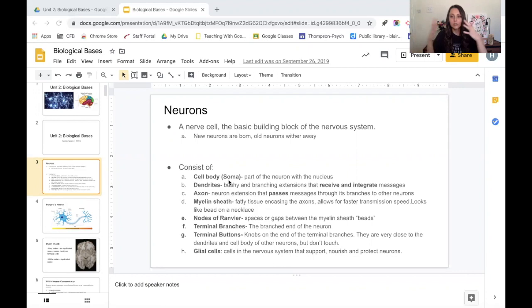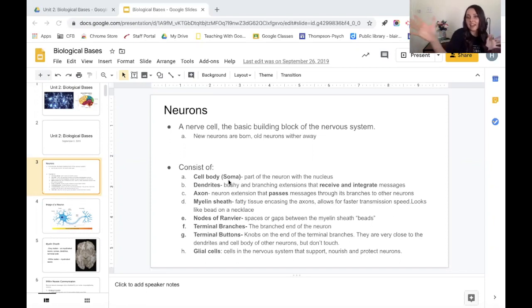You've got to remember the neuron, right? Your neuron is going to have multiple parts, and this is where in class I made you do the weird thing with your body where your left hand was your dendrites, and that was right up against your body like this, and your body represented the cell body or the soma. And then you stretched your arm all the way out, and that was the axon.